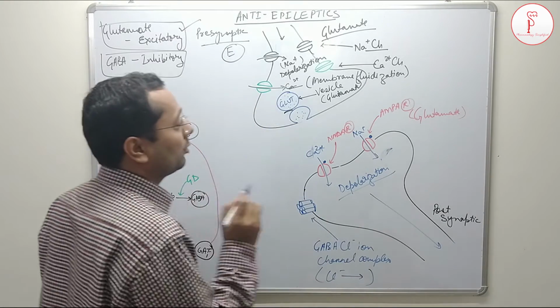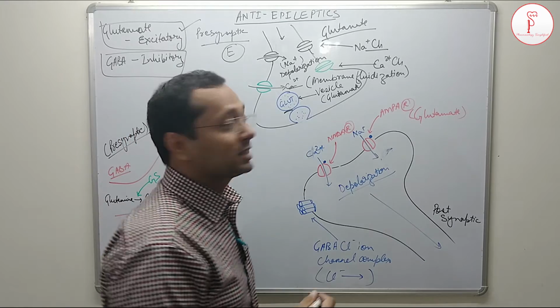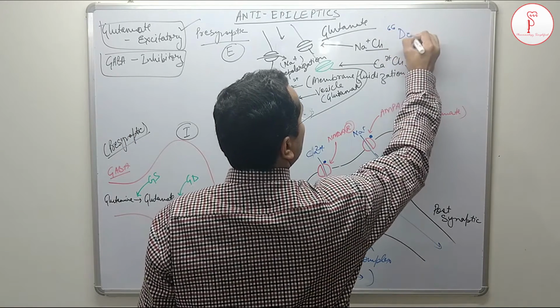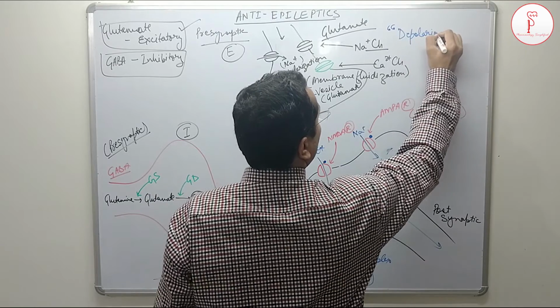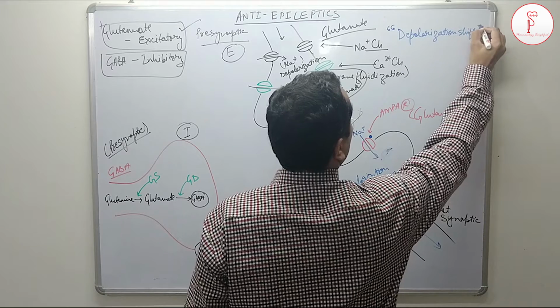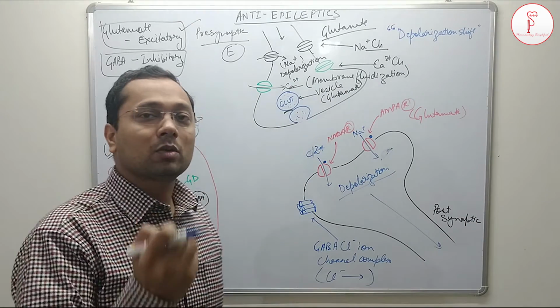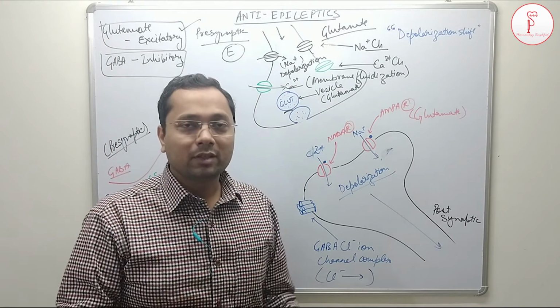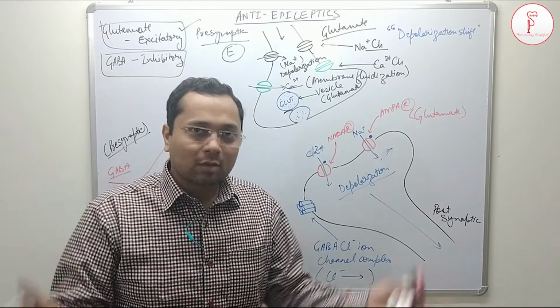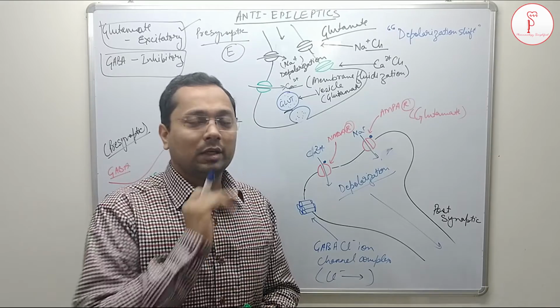And there is one more phenomenon that is called depolarization shift. So what is this depolarization shift? When one neuron starts to depolarize, it takes up all the nearby neurons into the depolarization.